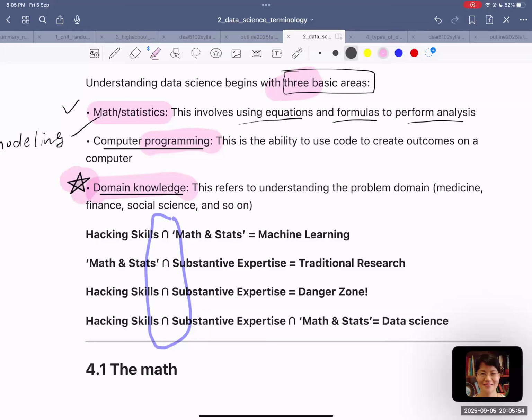For computer programming, this is the one I just want to draw your attention to. You know, right now for our students, some come from finance, some come from math, stats. So you may not be good at programming, but right now it's time you do so. Yeah. So for example, like Python, you can go to my Google site to learn.